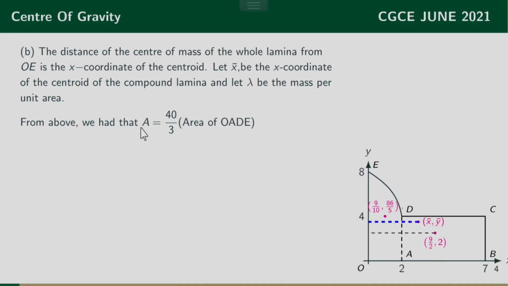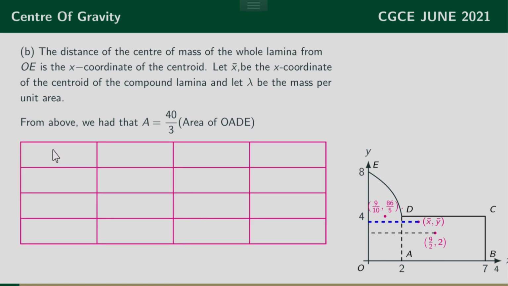Now let me draw a table, and on the header, I'll be having the portion. Which portion in this lamina am I concerned with? Then I'll evaluate the mass of that portion. Next, I'll find the x coordinate of the center of mass from the side OE. Then finally, I'll find the moment about that x coordinate.